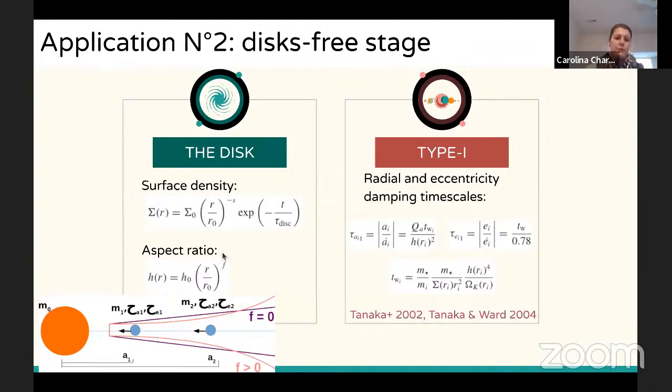Once again, we perform numerical simulations. We mimic a disk that has some surface density and some aspect ratio, with different kinds of disks. And we apply a damping in the semi-major axis and in the eccentricity that come from nonlinear expansions.